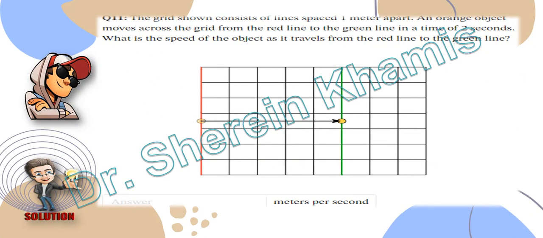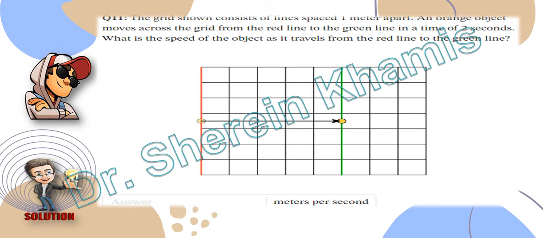Question 11 says that the grid shown consists of lines placed 1 meter apart. An orange object moves across the grid from the red line to the green line in a time of 2 seconds.